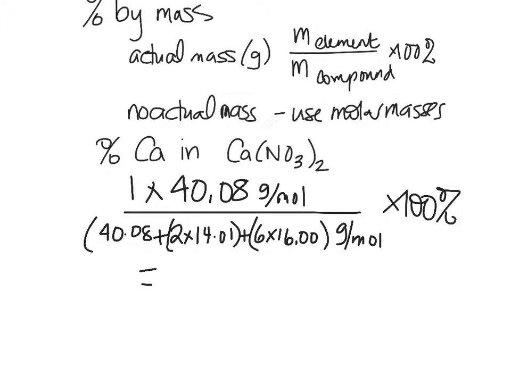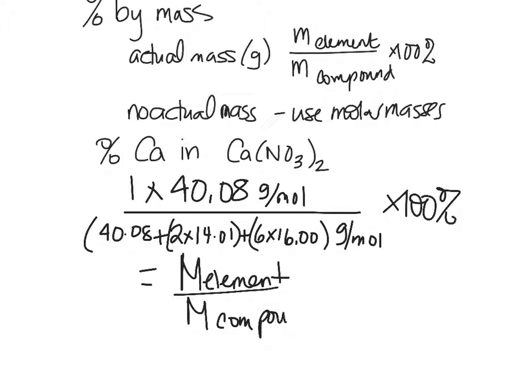So you take the molar mass of your element divided by the molar mass of the compound times 100%. So what do you get?